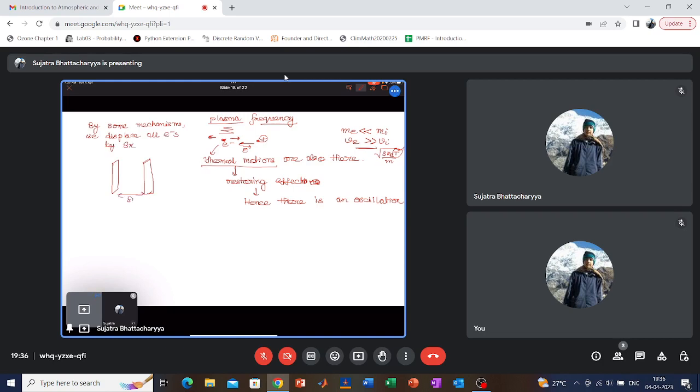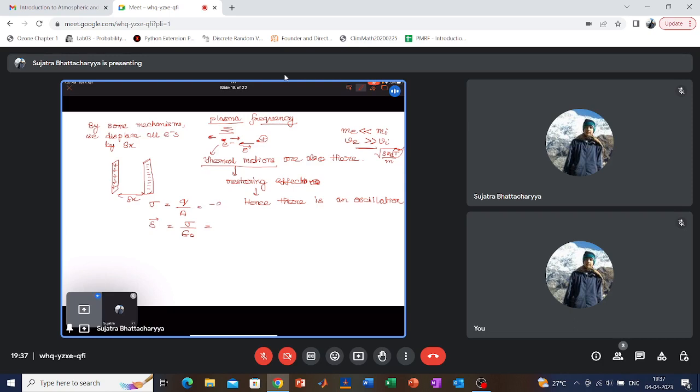All electrons are here and all ions are here, so it's a kind of capacitor. The charge density for a plate is Q by A, the charge per unit area, and the electric field in the case of a capacitor is sigma by epsilon naught, isn't it? For a charged plate having charge density sigma, the electric field is given by sigma by epsilon naught.